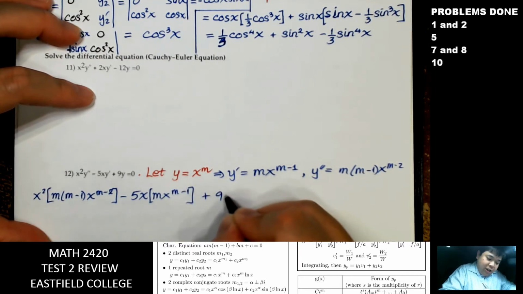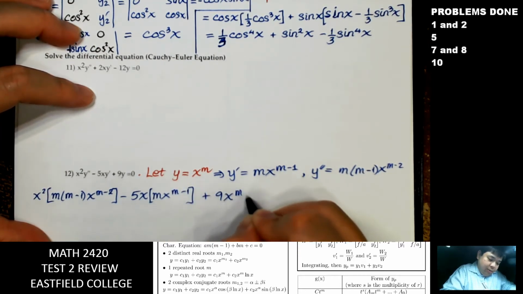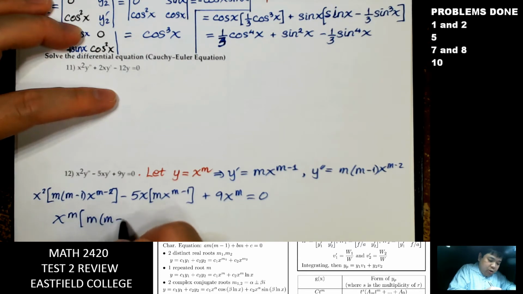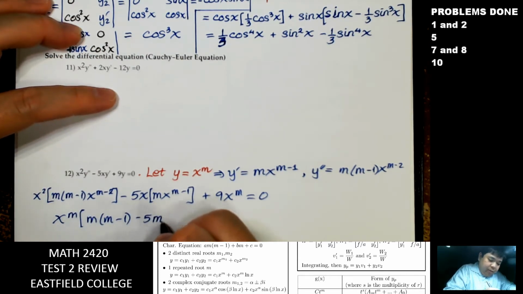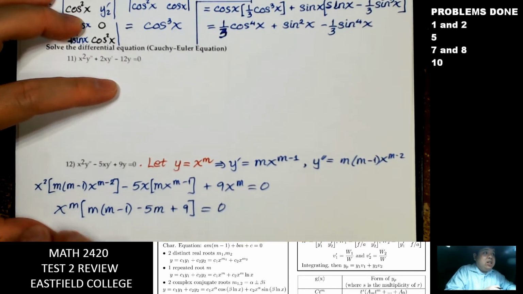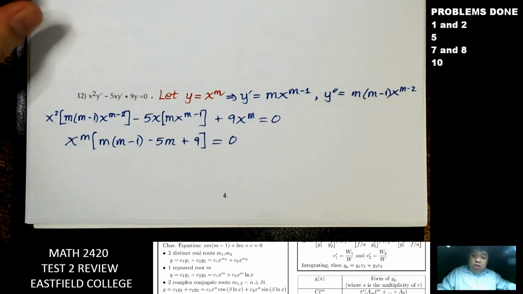And factor out x to the m. We have m times m minus 1, minus 5m, plus 9, equal to 0. And the inside part is the characteristic equation.